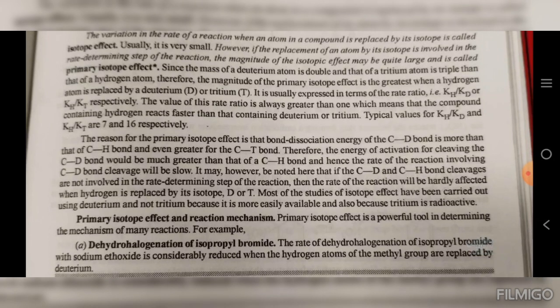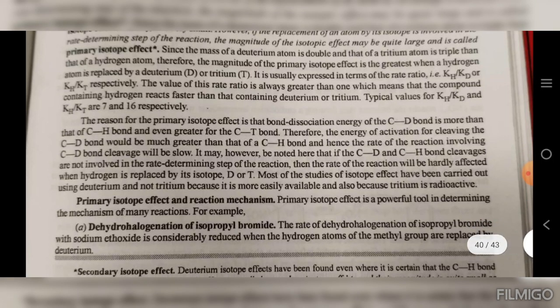However, if the replacement of an atom by its isotope is involved in the rate determining step of the reaction, the magnitude of the isotopic effect may be quite large and is called primary isotope effect. Since the mass of a deuterium atom is double and that of a tritium atom is triple that of a hydrogen atom, the magnitude of the primary isotope effect is the greatest when a hydrogen atom is replaced by deuterium or tritium.